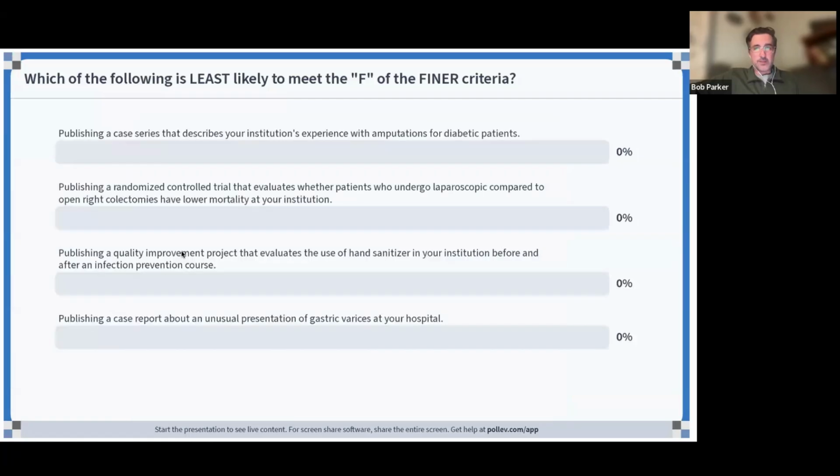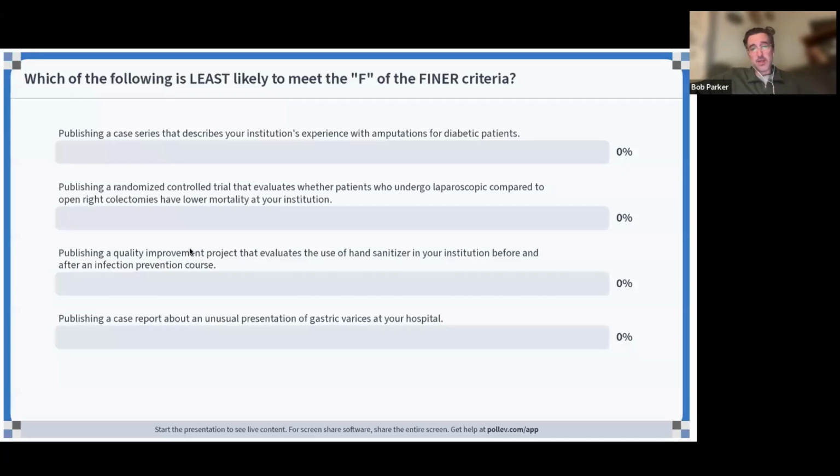All right. So I would agree with this. Some of these might not be feasible in any setting, right? If you're at an institution and there's no documentation, it's going to be really difficult to do any type of case series. It might not be feasible to study whether or not your institution uses hand sanitizer if there's no hand sanitizer in the institution.